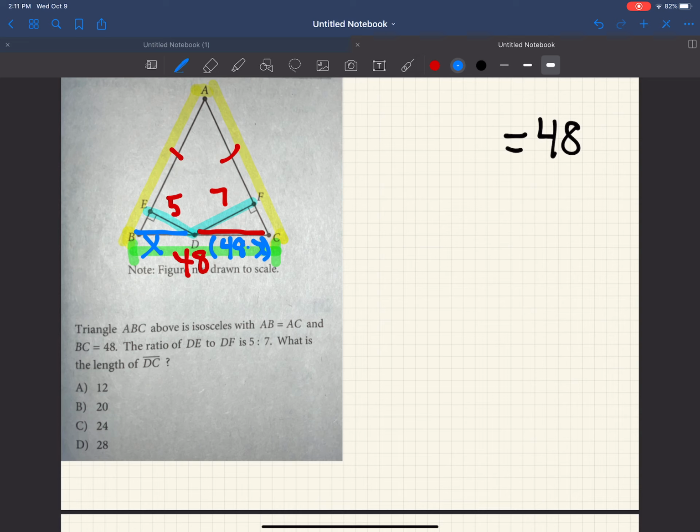And the reason that we do that is because we got to call this something because we're going to make a ratio. So we're just going to follow what we see here.